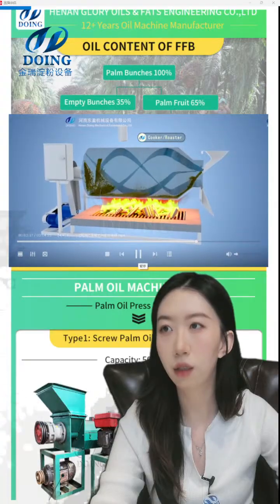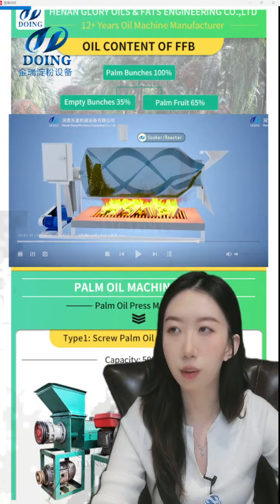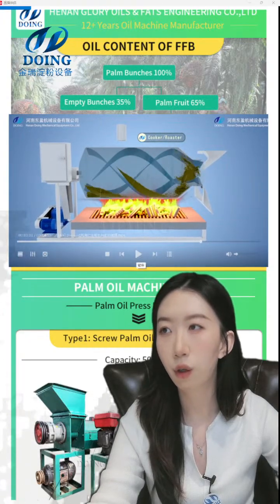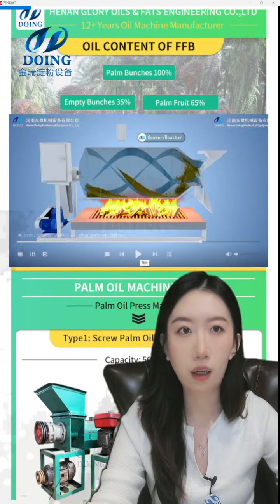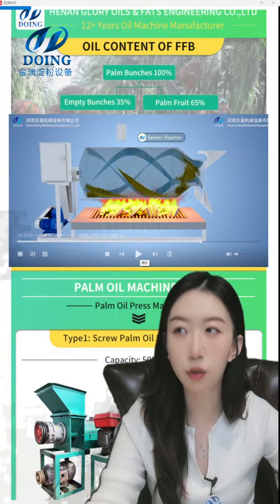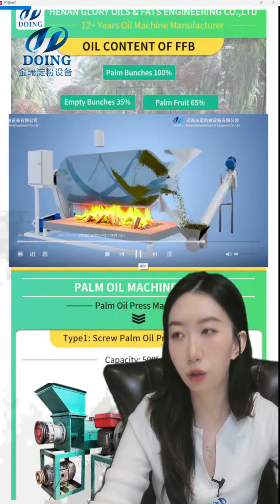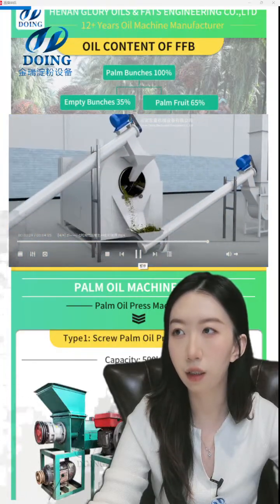And then the palm kernel will be transferred to the cooker. In the cooker, we will use high temperature and add some water to adjust the palm kernel internal moisture content and temperature.